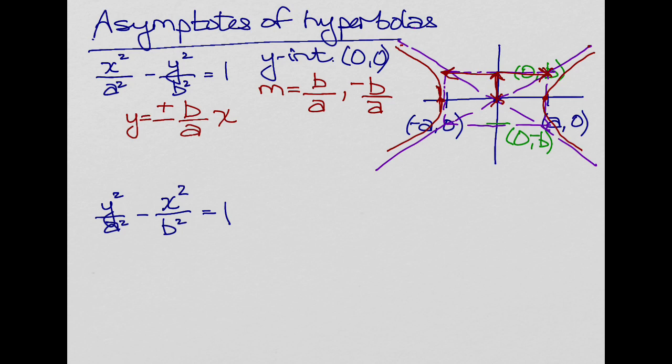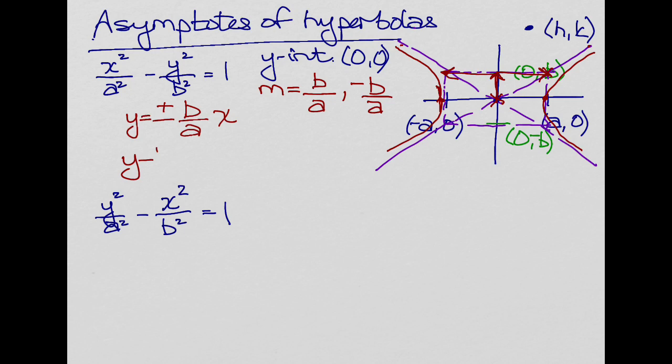If I move the center, instead of 0, 0, to being at the point h, k, my y value now has moved from 0, 0 up to h. My x value has moved from 0 to k. So those changes are going to follow into the asymptotes. I think I said that backwards. y has moved up by k, x has moved by h.